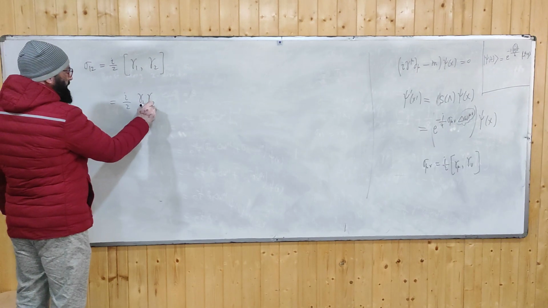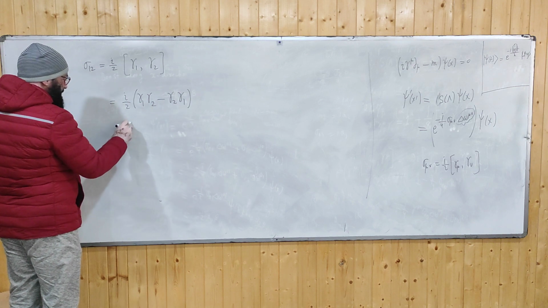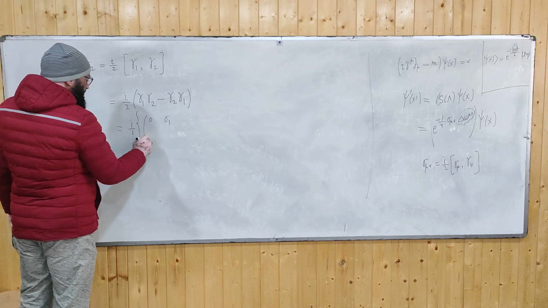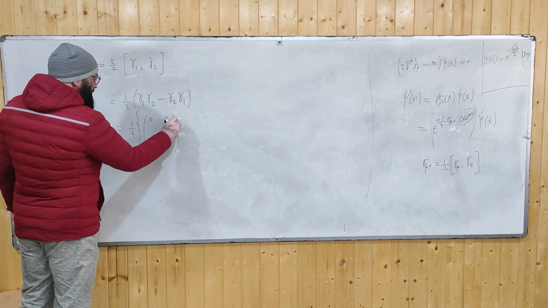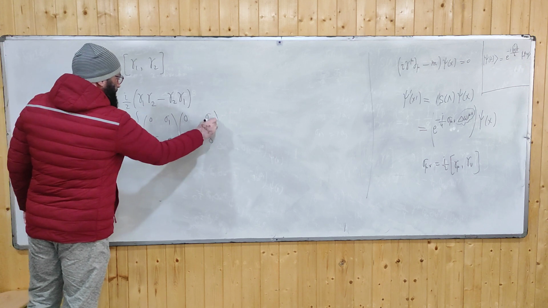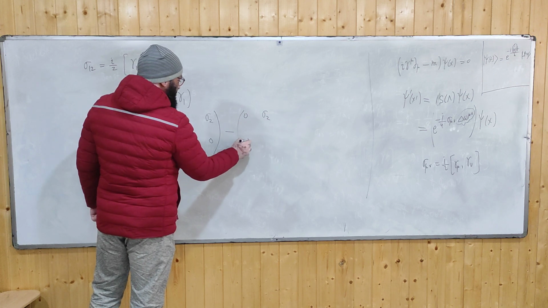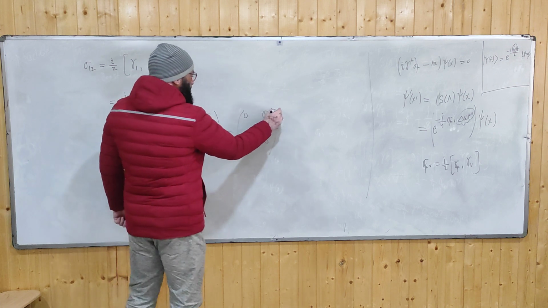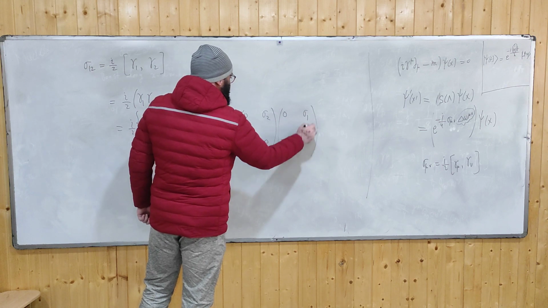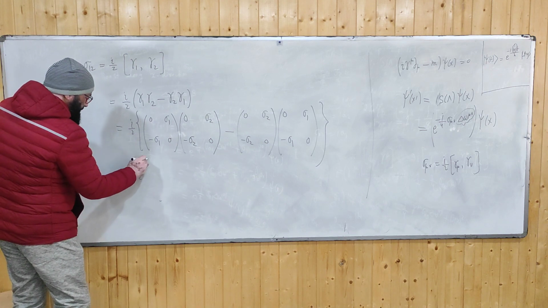So work it out: gamma 1 gamma 2 minus gamma 2 gamma 1, with i by 2. What is gamma 1? 0, sigma 1, minus sigma 1, 0. What is gamma 2? 0, sigma 2, minus sigma 2, 0. Okay, so let's write this product.